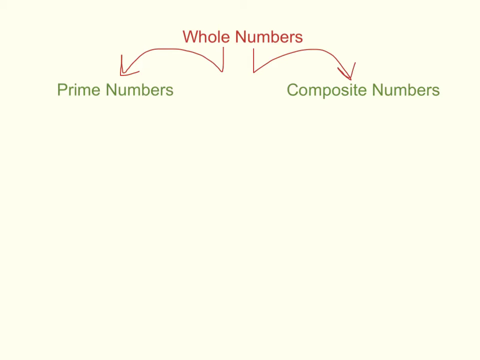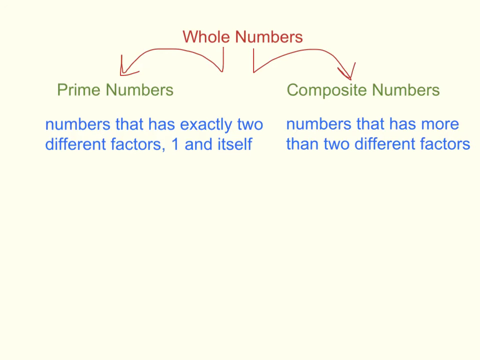The thing is that if you change this statement a little bit, like all numbers are divisible only by 1 and itself, then it will become the definition of prime numbers. So the true version is prime numbers are the numbers that have exactly two different factors, 1 and itself. And the composite numbers are the numbers that have more than two different factors.